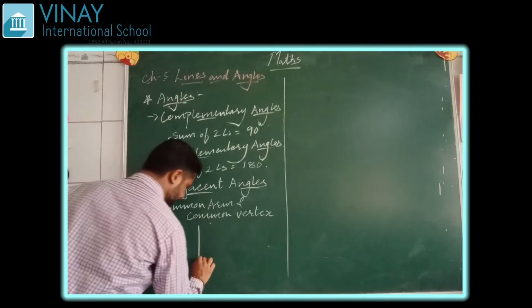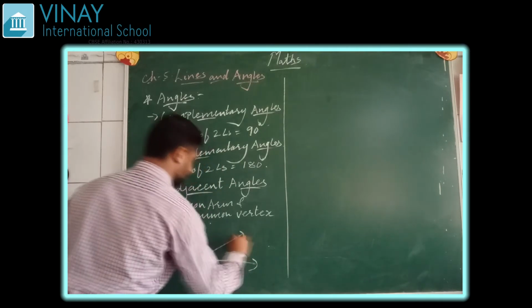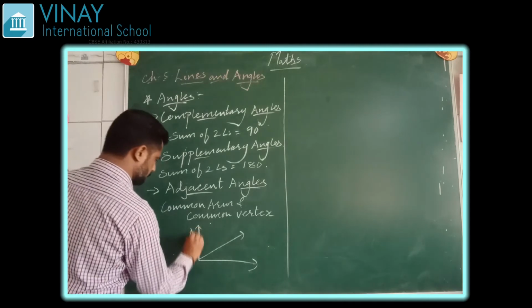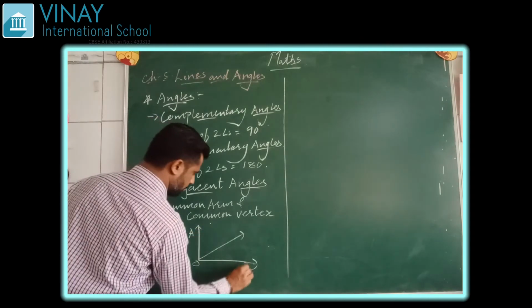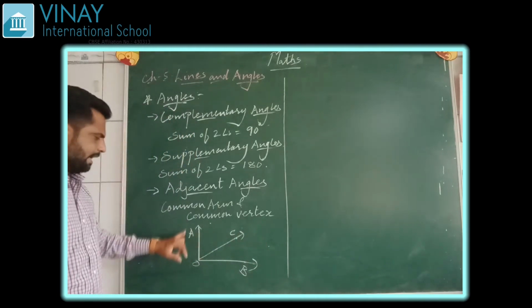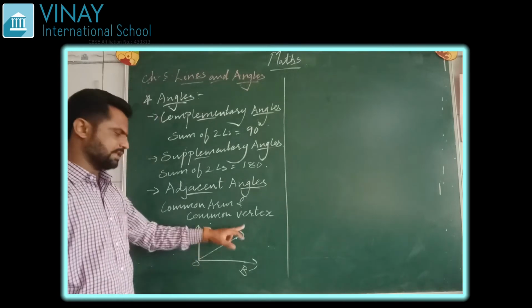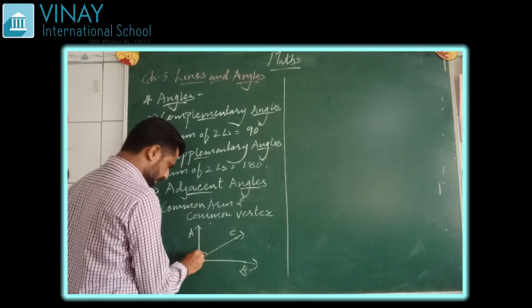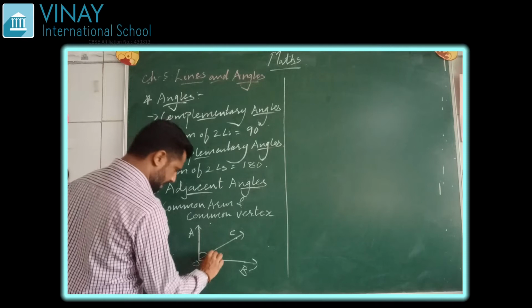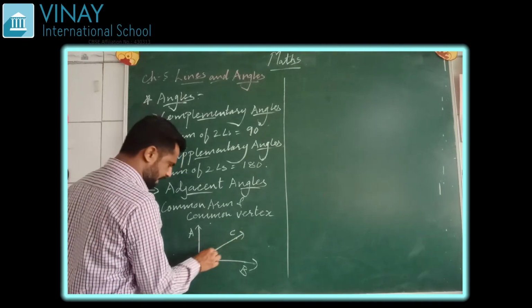Here suppose A, O, B and C. Now if we see angle AOC and angle BOC, they have common arm OC.